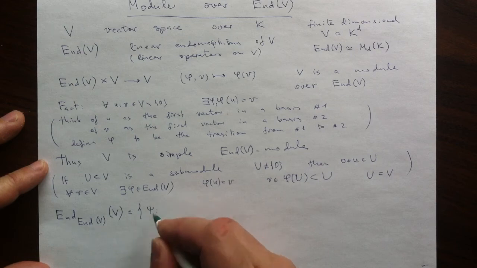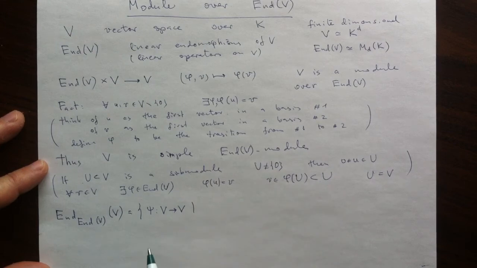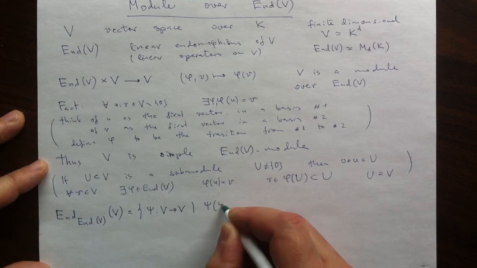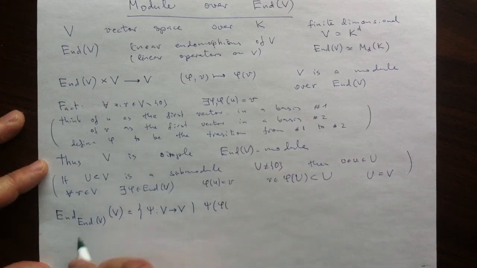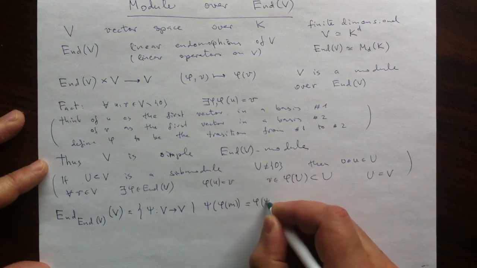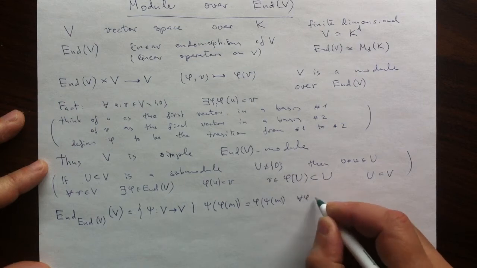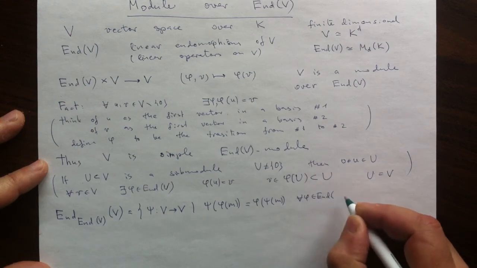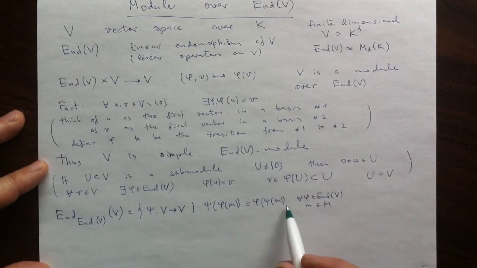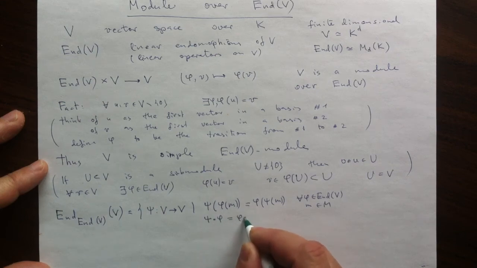We are to examine additive maps on V, and they have to commute with the action of our ring. So they have to satisfy this identity for all V's and for all M's.